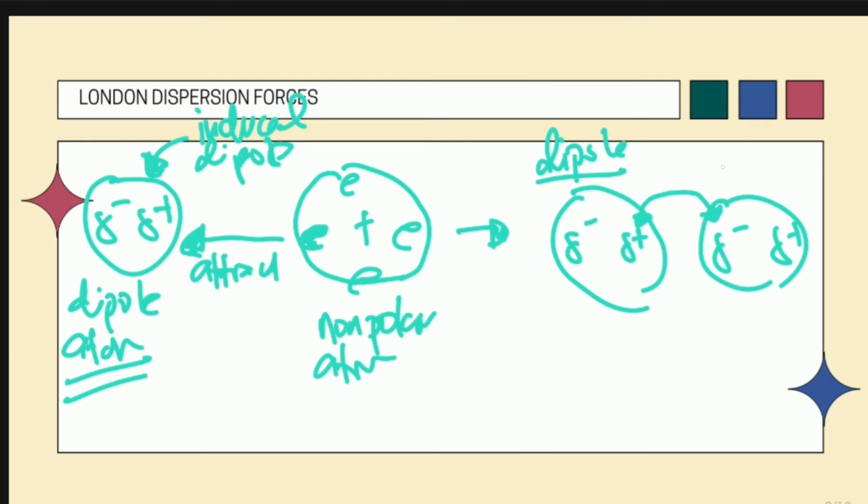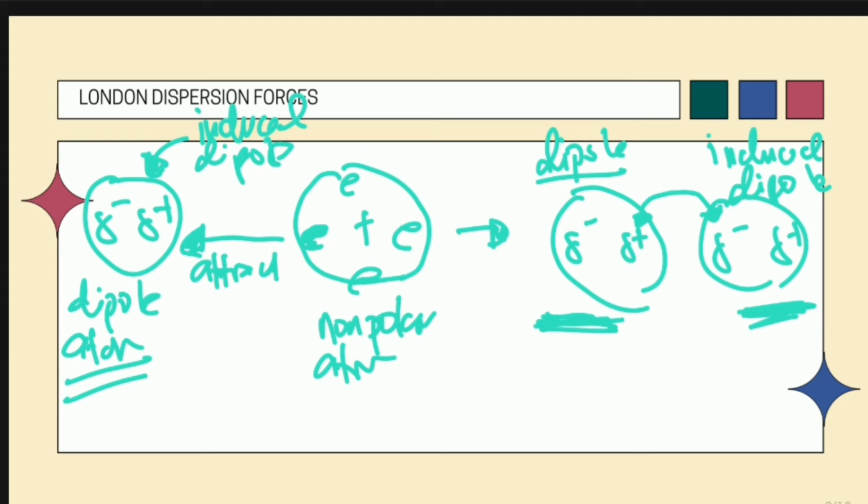Tapos, ito na yung in-induce niya na dipole. Ito yung original natin na atom kanina na dipole atom. Yung naunang result nung kaninang sinulat ko. Ito na yung na-induce niya. Ito na yung pangalawang atom na tumabi sa kanya at nagkaroon ng induced dipole.